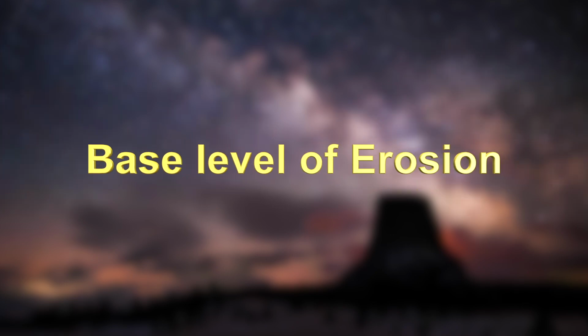Now let us talk about the base level. J.W. Powell postulated the concept of base level in 1875. There is a maximum limit up to which the river can undertake vertical erosion or valley deepening, beyond which it cannot undertake downward erosion.